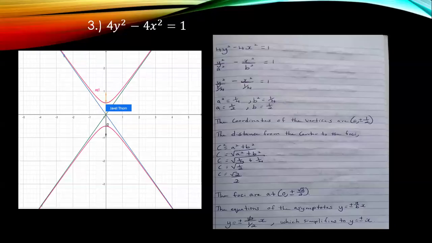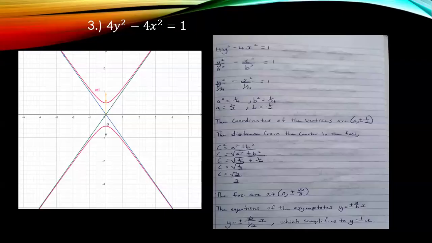Now the distance from the center to the foci, we need to find that. We use the same formula, which is c squared equal a squared plus b squared, and we substitute. So a quarter plus a quarter will give us half, and if you root that, it's going to give you root 2 divided by 2. So that is our c value.